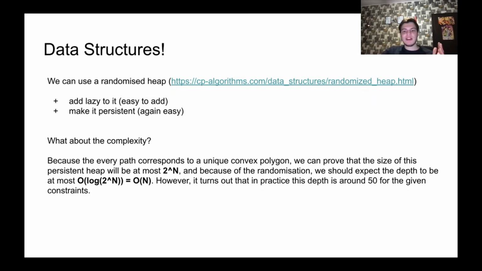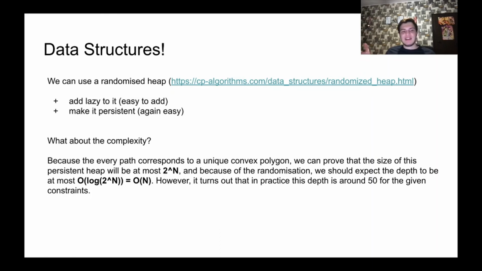And obviously we can see that there are at most 2 to the power of n different polylines, because every polyline is defined by a set of points, and there are at most 2 to the power of n sets of points. So this means, because we have this bijection between the paths and the polylines, that the total number of paths is at most 2 to the power of n.